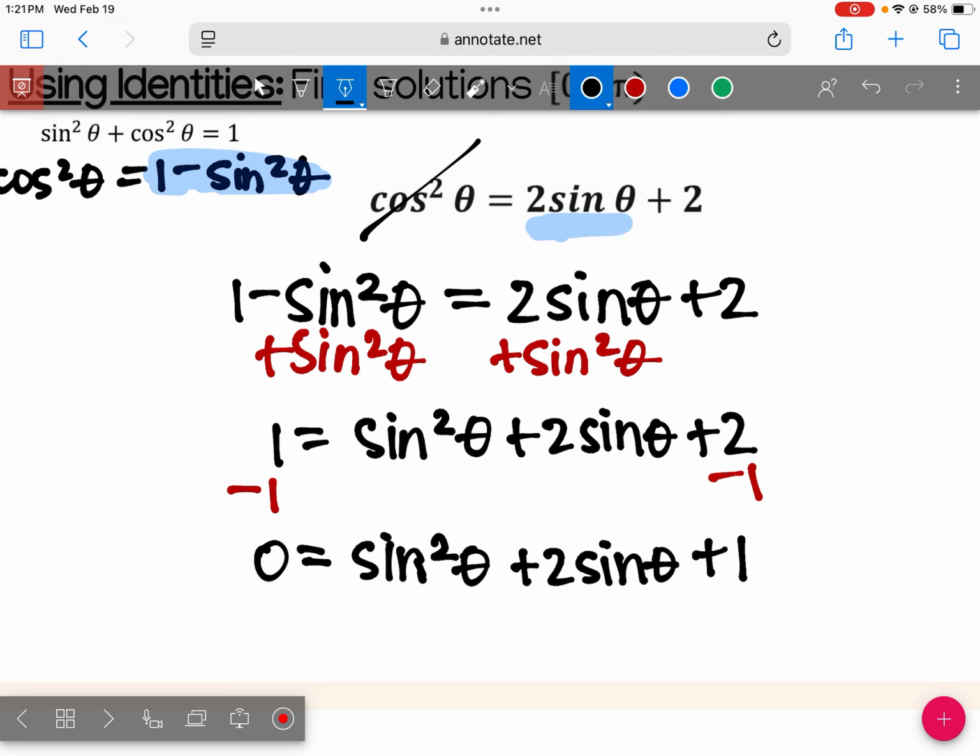Now I have everything equal to 0, so what can I do next? You get to change it to u, so u equals sine.